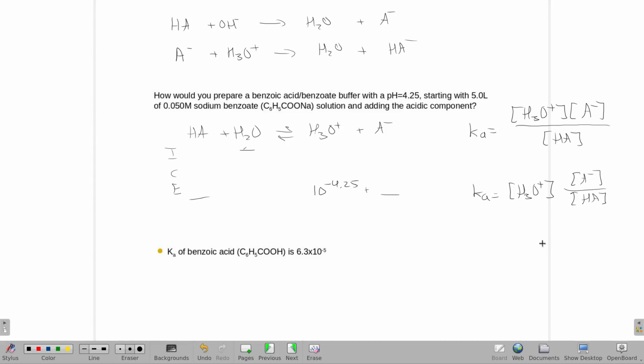Now the reason I did that is because I can get this because I gave it to us, and I can get that pH because that was provided. And from that, we could actually calculate that ratio that we want between the concentrations.